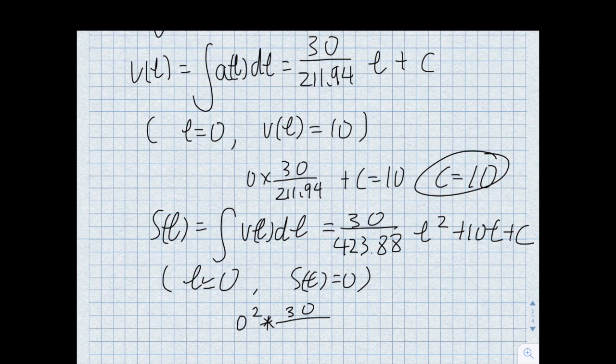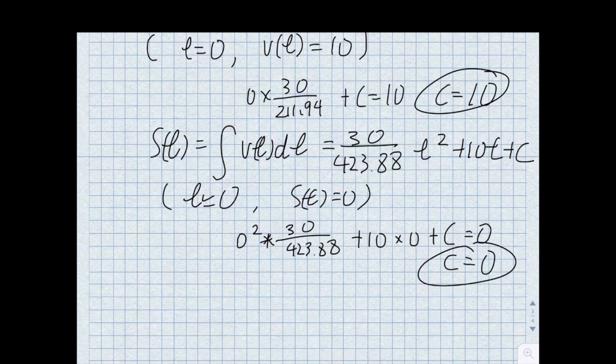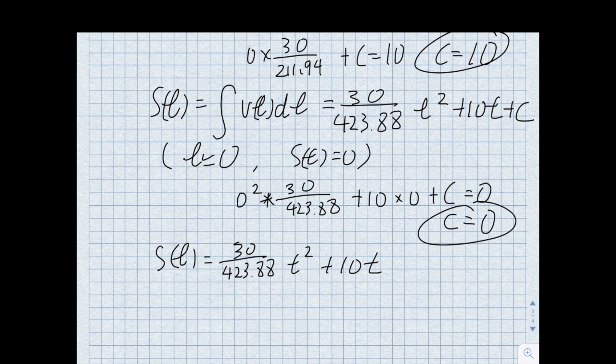By applying the given t and s(t) values into the s(t) function, we find that c equals 0. So Mr. Casella's position or distance function equals 30 over 423.88 times t squared plus 10t, and no need for plus 0.